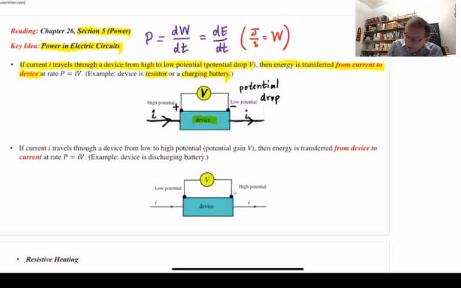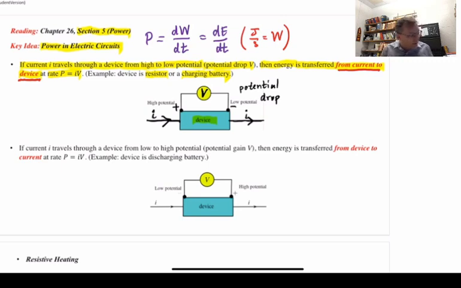That's worth emphasizing. The direction of the energy transfer is from the current to the device. And here's the rate at which that energy transfer happens. In other words, power, P. It's merely the product of the current I going through the device and the potential drop or difference across it.